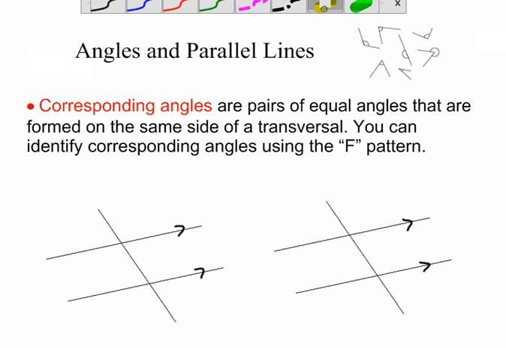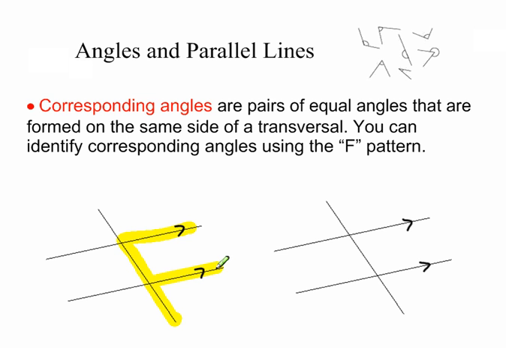So for example, here is my F pattern, and what that does is it allows the two angles, I call them the armpits of the F, this part here, those two angles are equal. Notice that they are on the same side of the transversal.